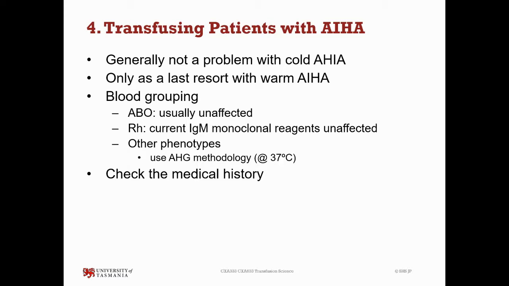With the warm one, the ABO is usually unaffected. The RH, because we use IgM monoclonal reagents, is usually unaffected. With our other reagents, we use the IAT methodology, the AHG, and that's where it can interfere because the autoantibodies are usually IgG.